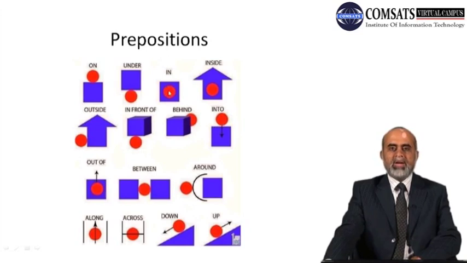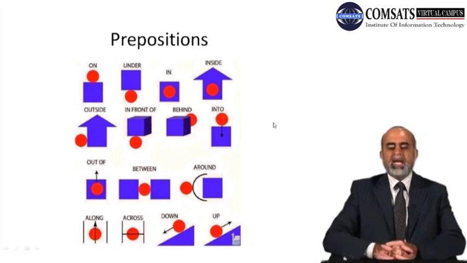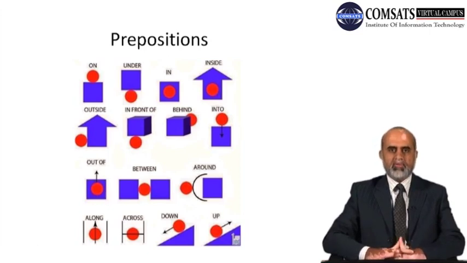The ball is already inside the box. So we'll say the ball is in the box. Whereas here, the ball is moving into the box. The ball is falling into the box. So you understand the difference between in and into? In is preposition of a place. Into is preposition of a movement.